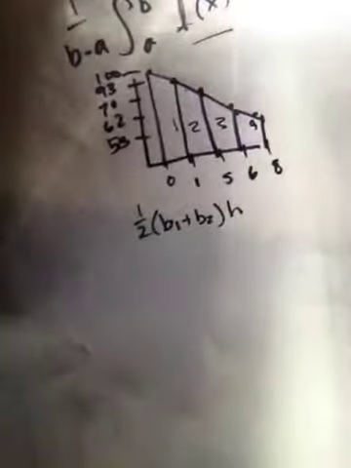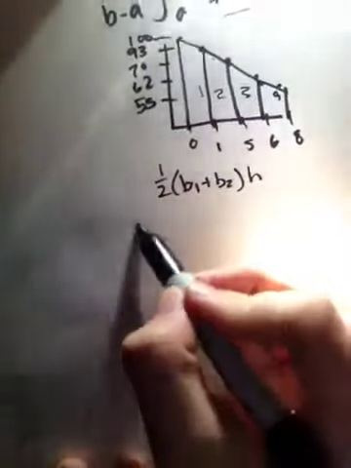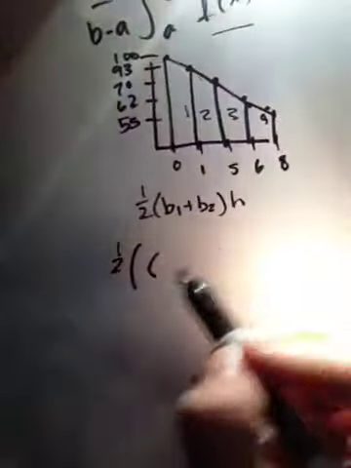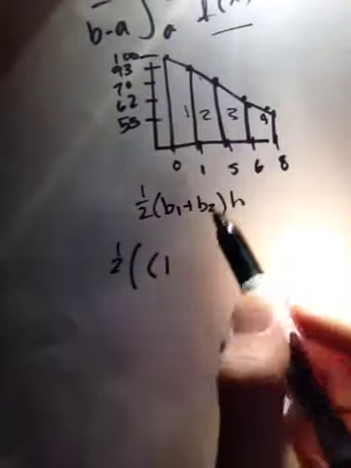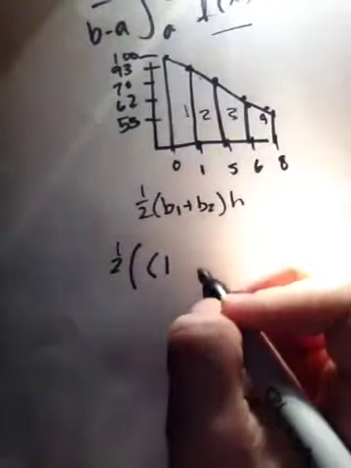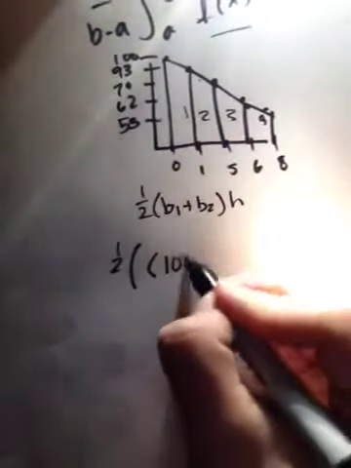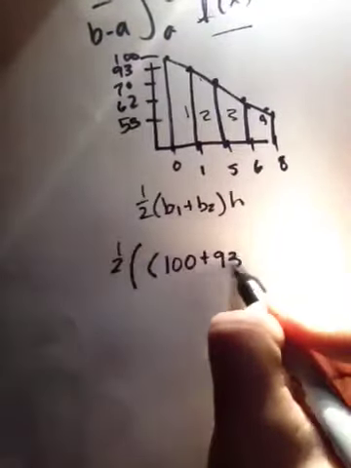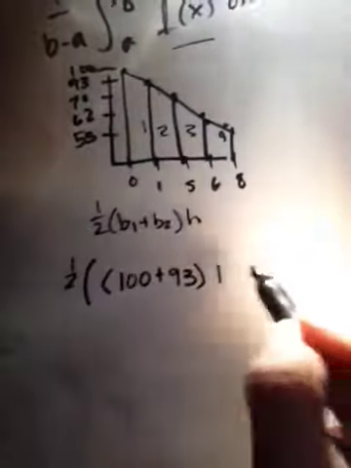For each of these, we have 1/2 for the whole thing, and then the base 1 is 100, and the base 2 is 93, and the height is 1.